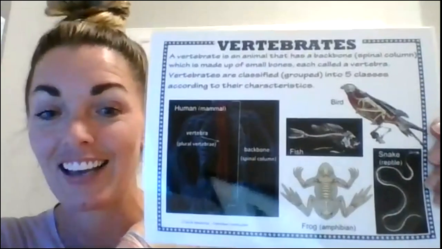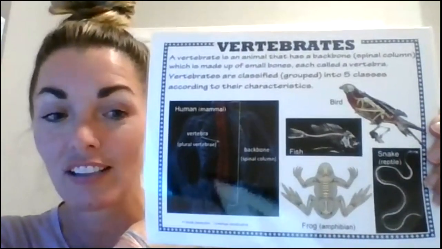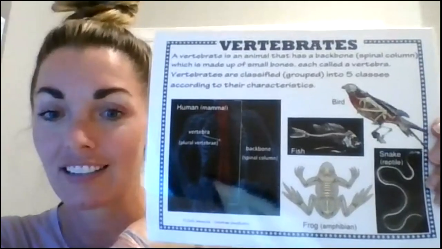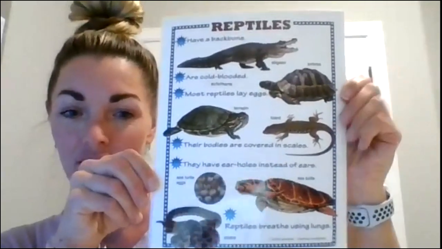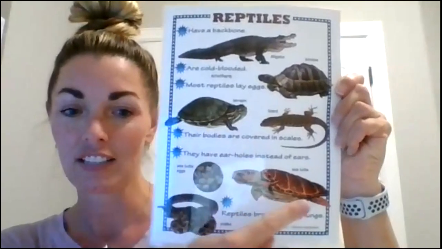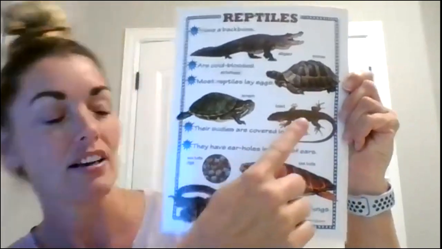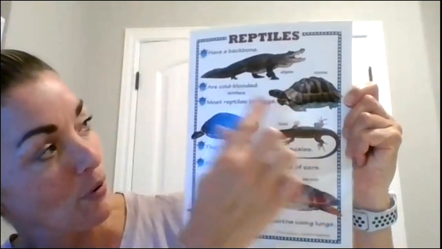All right, so we've got a turtle and a tortoise that has a backbone, but they're a reptile as well. So we've got some examples of reptiles here. Can you see all of those? So here's some turtles, a sea turtle, a snake. We've got a lizard. We've got an alligator.